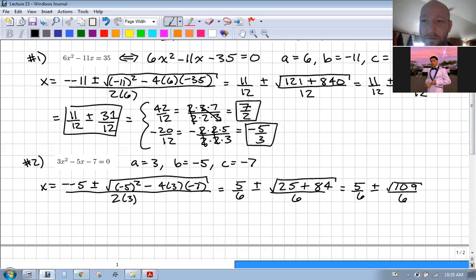No. So that would be our solution here. Let me check this again. A is 3, B is -5, C is -7. Negative B plus or minus B squared minus 4AC all over 2A. Yeah, it looks right.